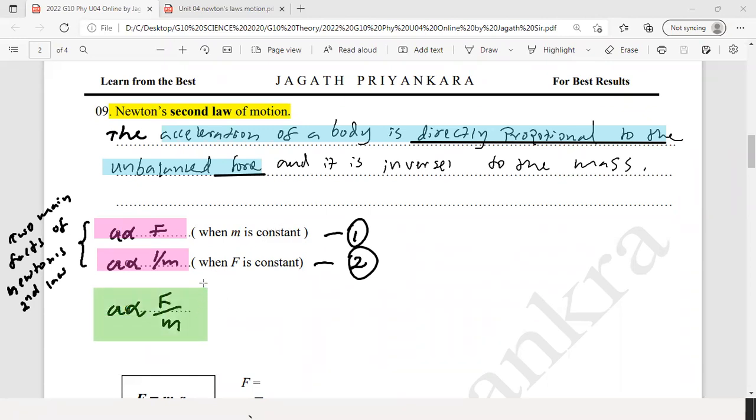F over m: F directly proportional, m inversely proportional. That means when the force increases, acceleration also increases. When the mass increases, acceleration decreases. Red one both upwards; blue one, when m is up, a is down. That's what it means. In the exam don't write like that, just to understand.